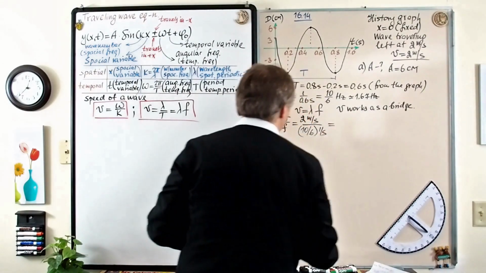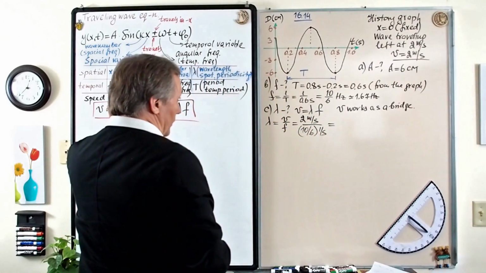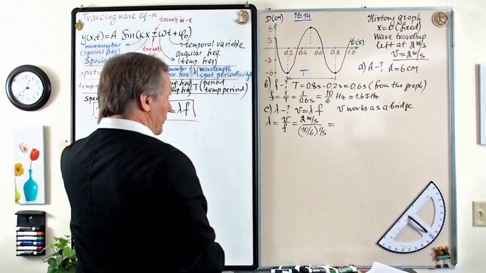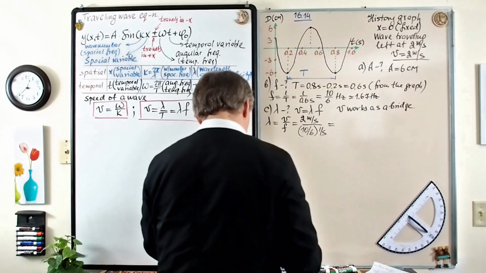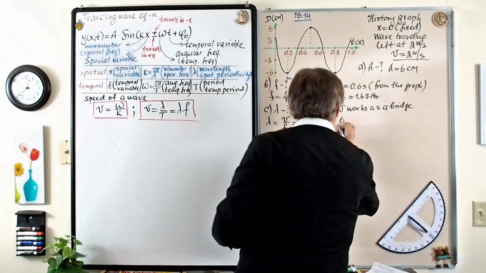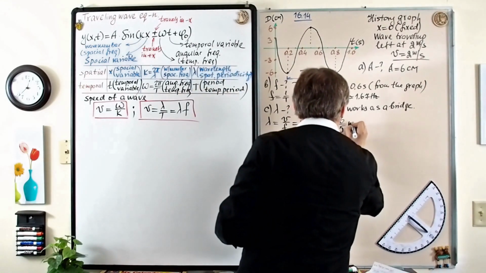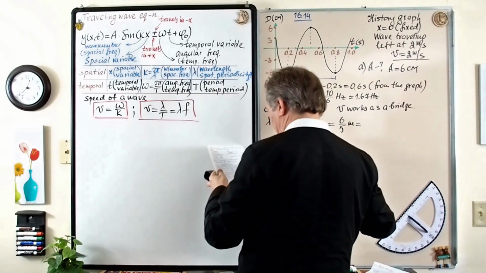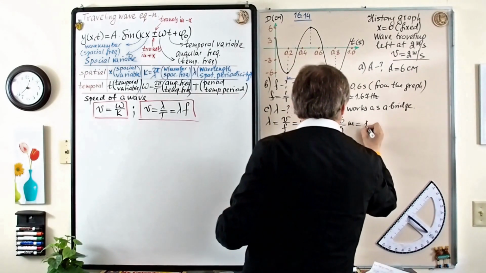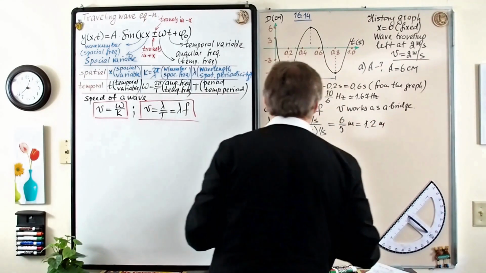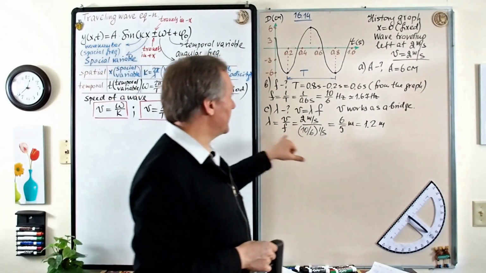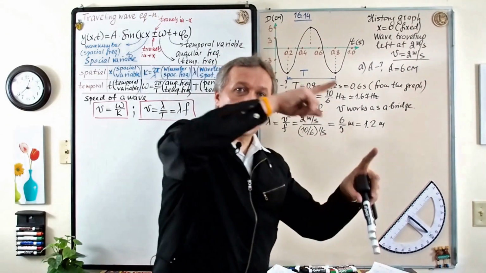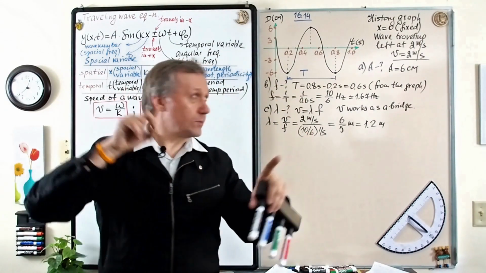As a result, we'll have 6 over 5 meters, or approximately 1.2 meters. So that's the wavelength, the spatial periodicity. Over that distance, 1.2 meters, the wave reproduces itself in space.